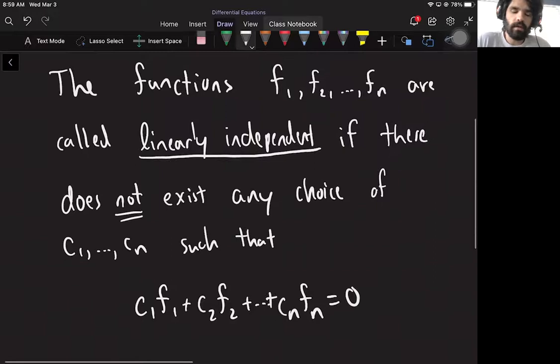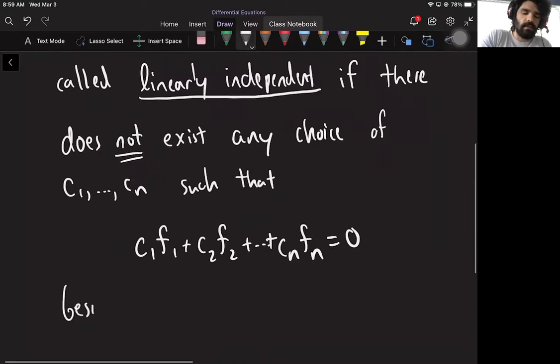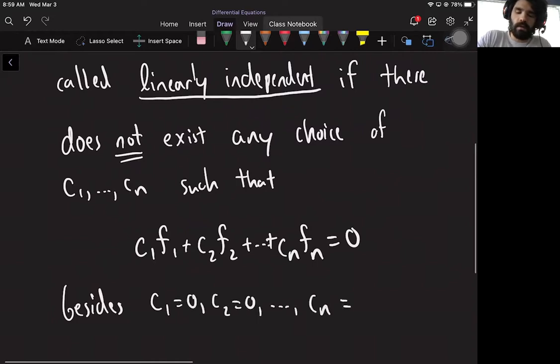So functions are linearly independent if there's no way to make a combination of them be 0 besides the very boring choice, which is you just cheat and you just say, yeah, I'll make all the constants be 0. If there's no other way to do it, then they're called linearly independent.